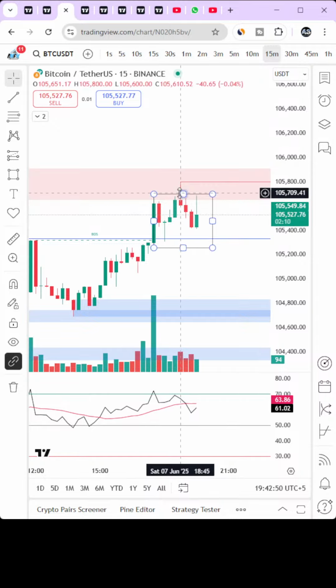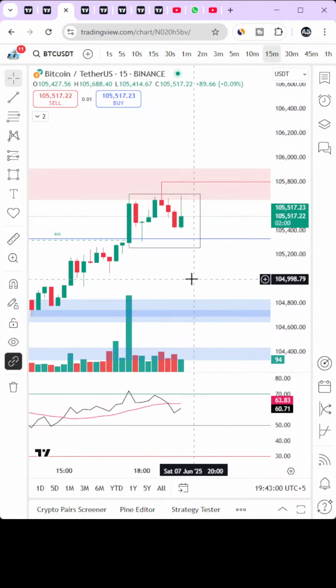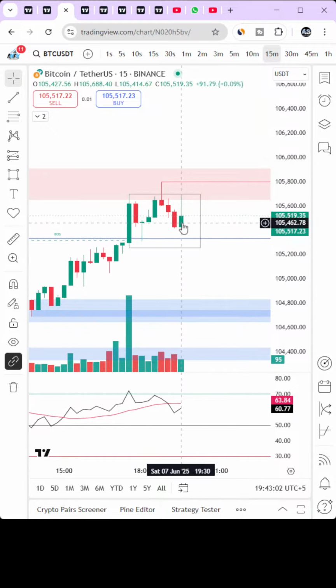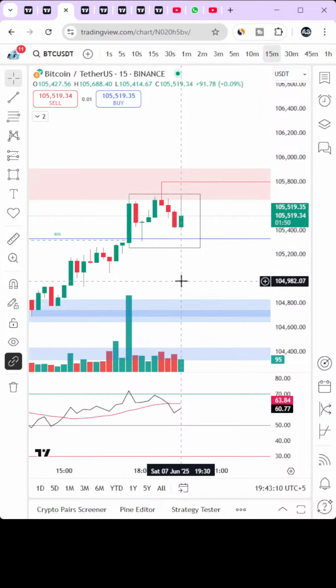Market tried to push to the above side, but these 3 candles are trying to move the trend to the sell side. And current candle is also trying to move upside, but it is unable to move to the upside.